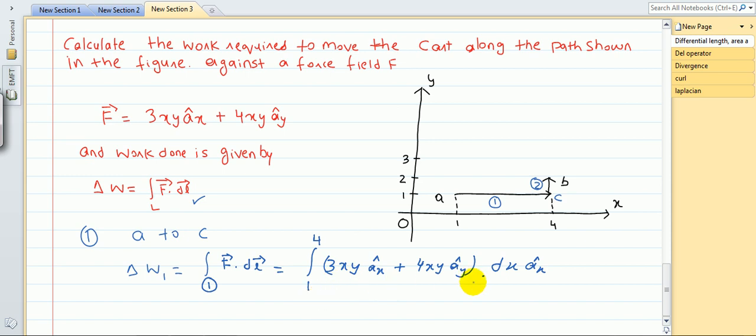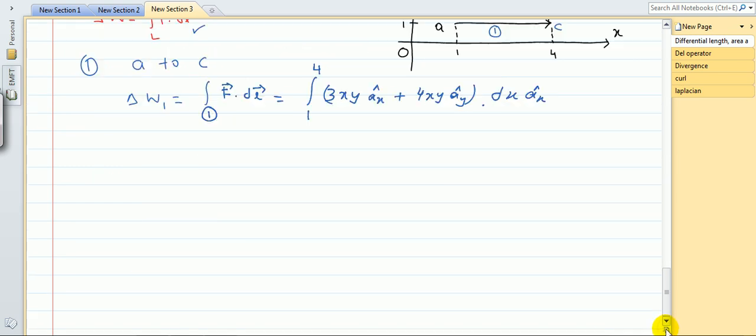So if we solve this, it will be the integral from 1 to 4 of 3xy ax cap dot dx ax cap. For the other term, if I do the dot product, ax dot ay will become 0, so only this term remains. ax dot ax will become 1, so the only thing left is 3xy dx. And you can see here that y is not varying.